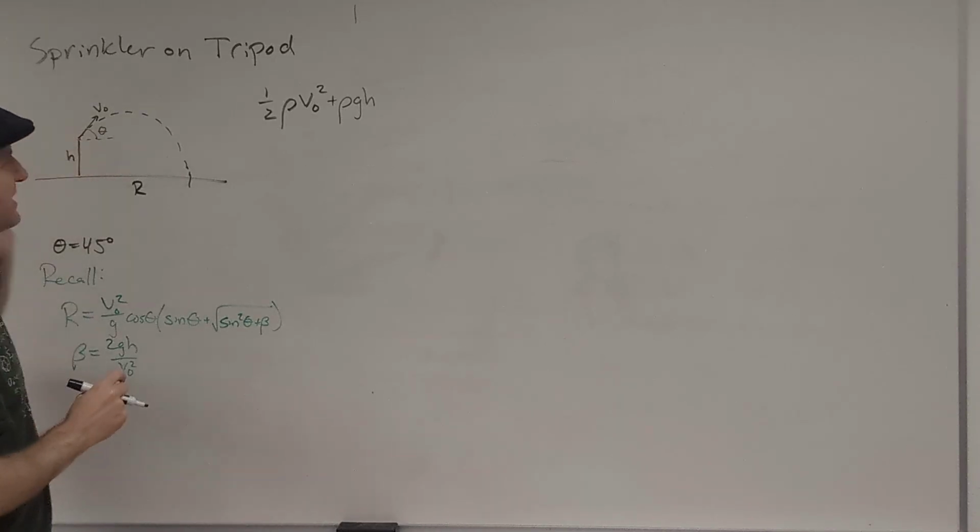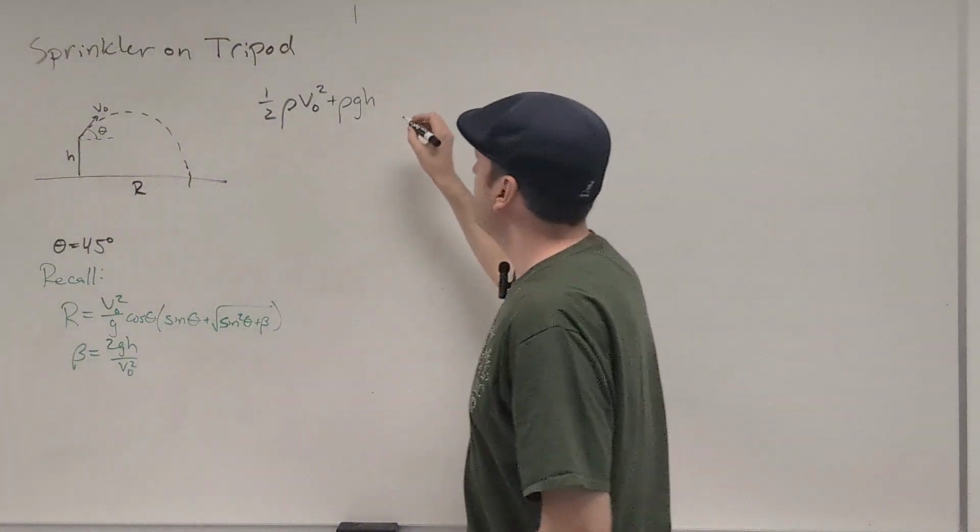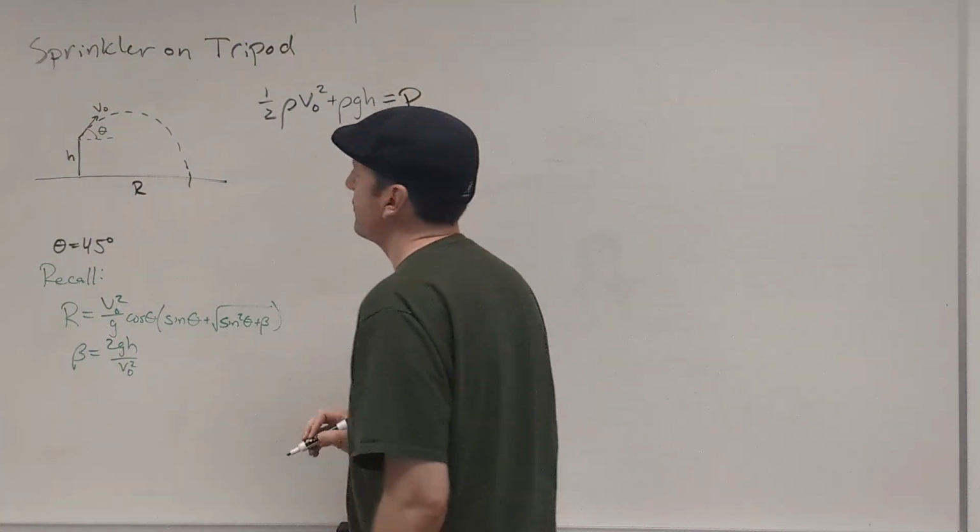So that's basically the potential energy of the fluid inside of my pipe as it's moving up. This should all equal the gauge pressure in the pipe.